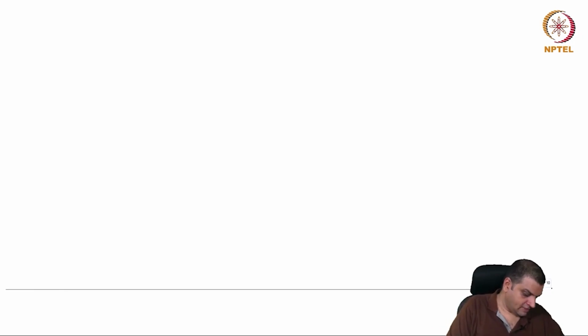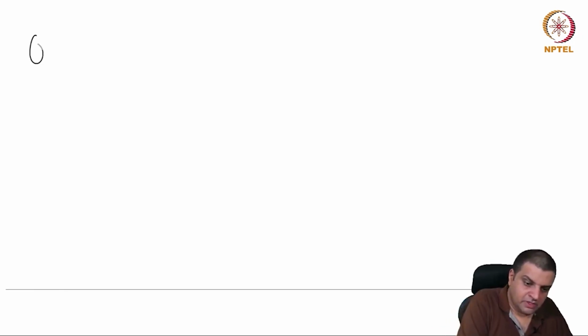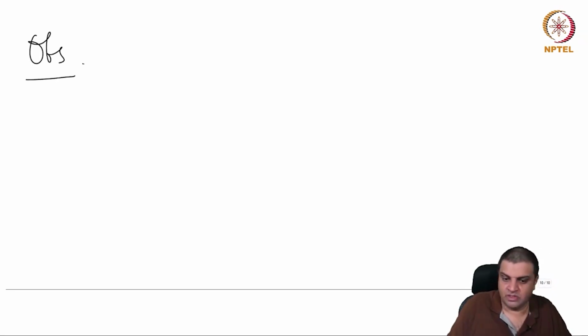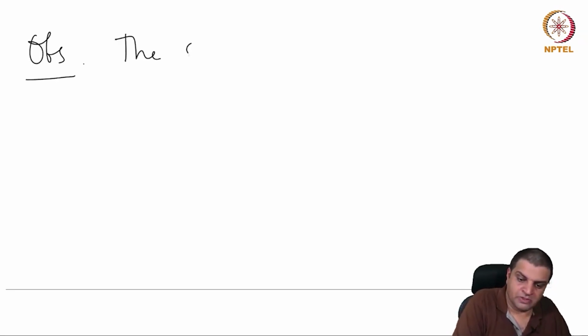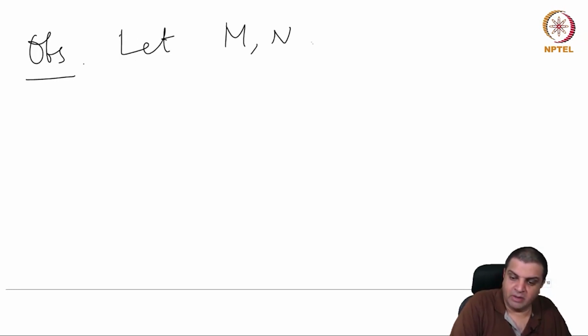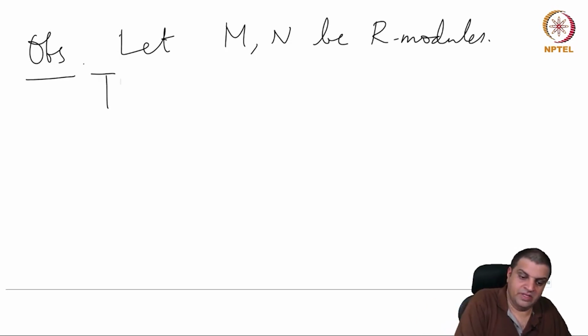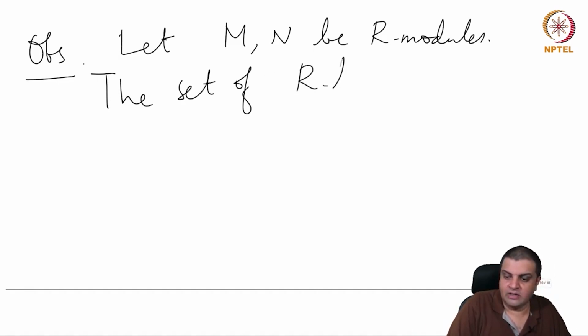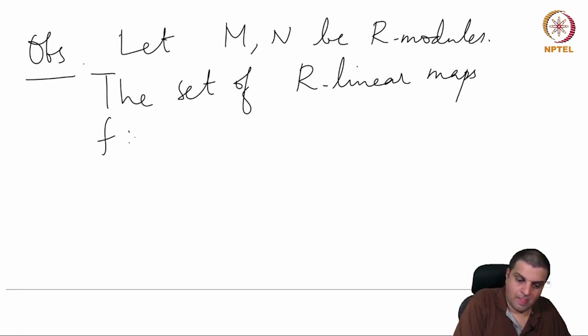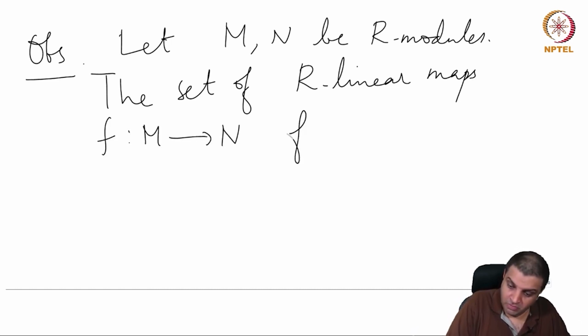Another observation that we would like to make is that, let M and N be R modules, the set of homomorphisms, the set of R linear homomorphisms, R module homomorphisms, forms an R module.